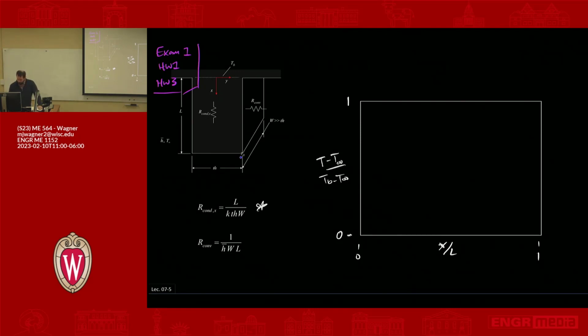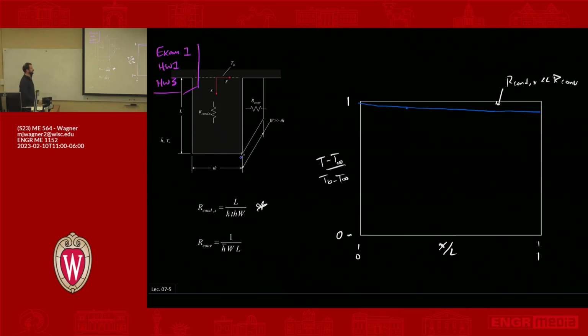Yes, exactly. You're going to basically have a straight line across. So it's going to look something like this, which is sort of this straight line across. Maybe there's a little bit of heat loss. So this is a case where R conduction in x is much less than R convection.